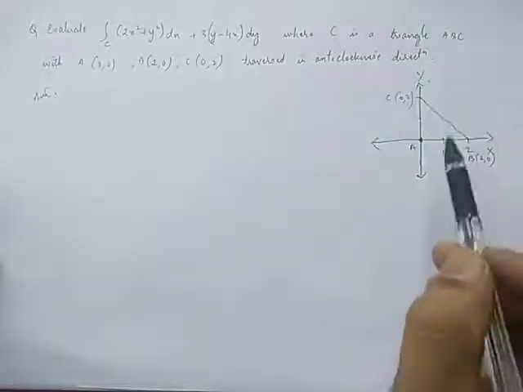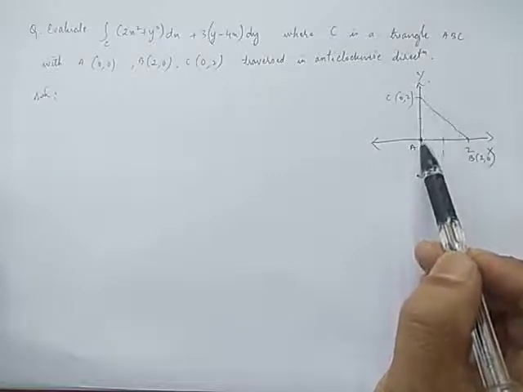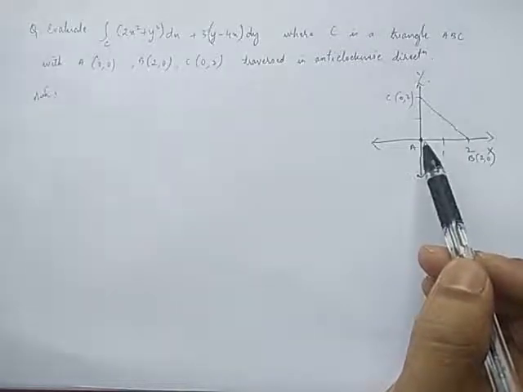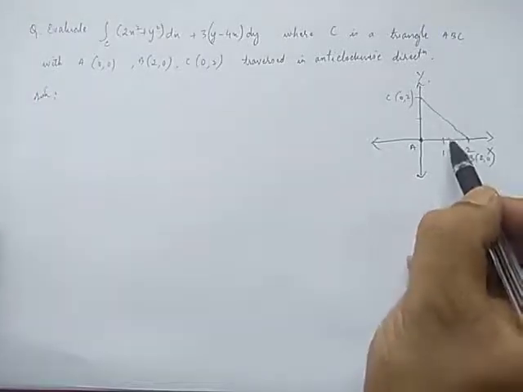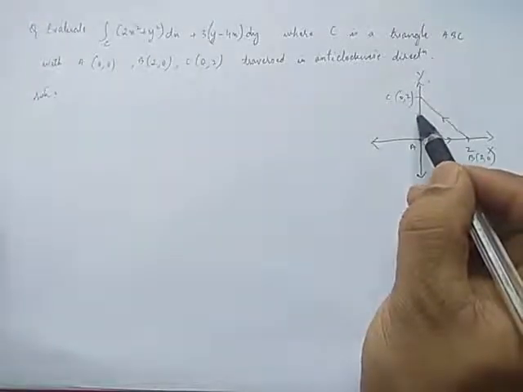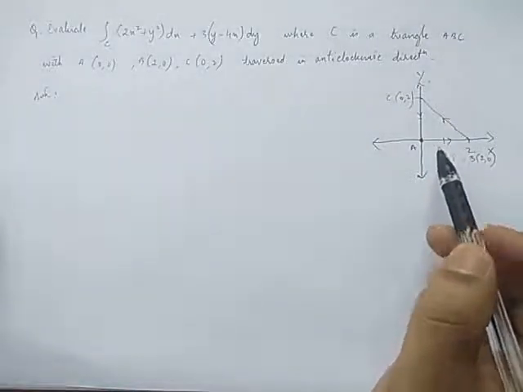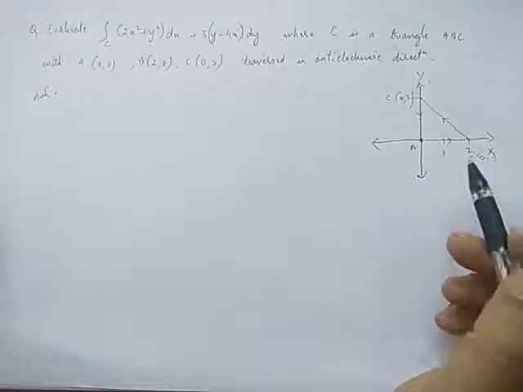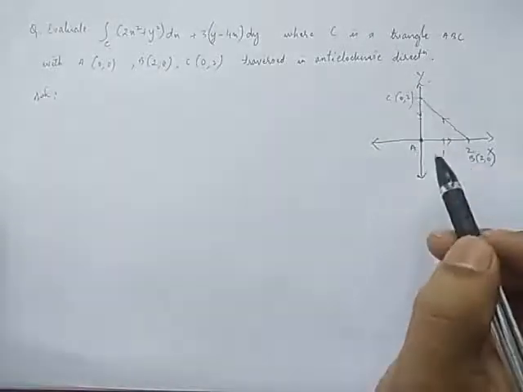If it is anti-clockwise direction, then from here to here, then we'll go back to here. So my path will be this line, this path, and I can divide it into three paths: C1, C2, and C3. Or I can write AB, BC, or CA.